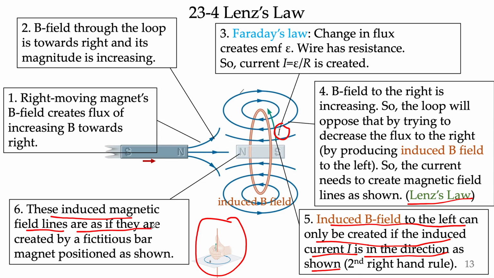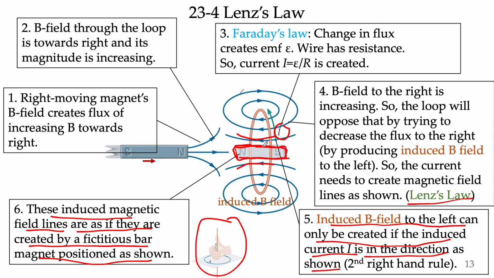They are as if they are created by a fictitious bar magnet positioned as shown. If you look at these magnetic field lines, it is as if there is a bar magnet here. Fictitious means not real. There's no bar magnet here, but if you look at these magnetic field lines to the left, it's almost like this loop creates its own bar magnet.